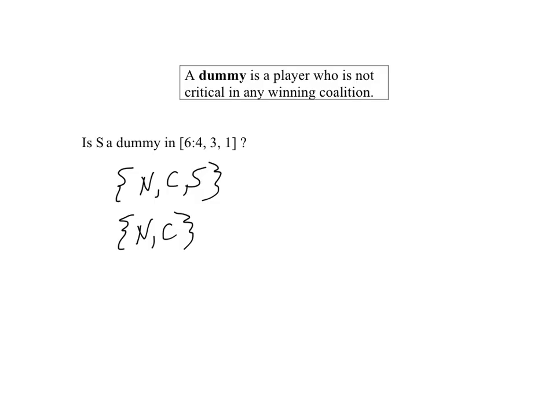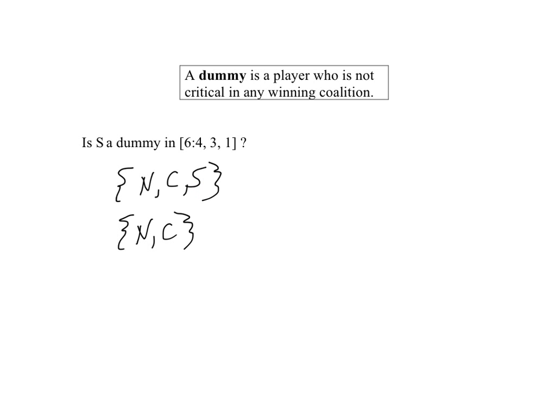And so when we ask whether Southern Jersey is ever critical, well, the only place it even appears is in the Grand Coalition, and we ask, does Southern Jersey refusing to join in with the rest of the Grand Coalition prevent it from remaining a winning coalition?